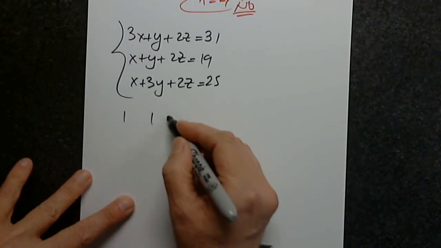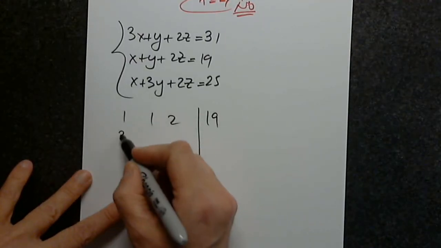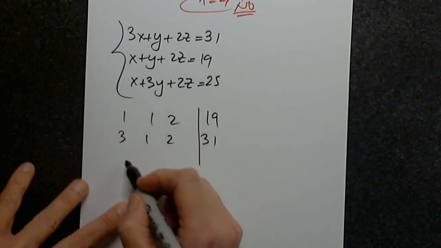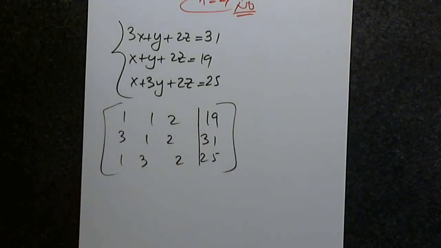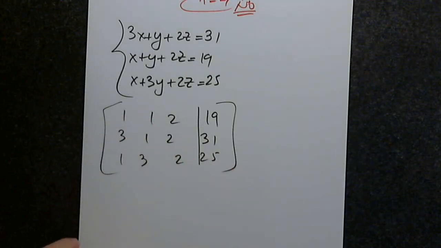So I have 1, 1, 2, 19, and 3, 1, 2, 31, and 1, 3, 2, 25. It saves me some time because I don't want anything else but 1 in the upper left corner. First row, first column. We call this x11.